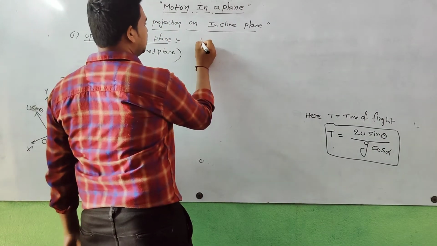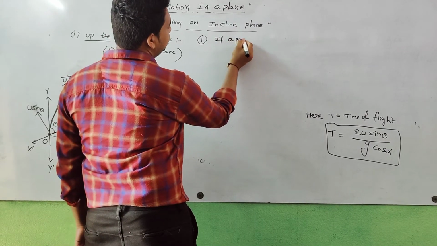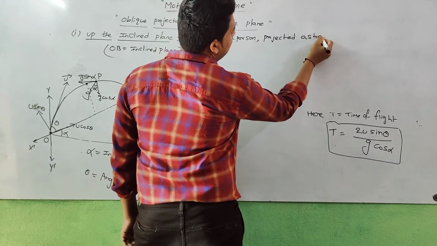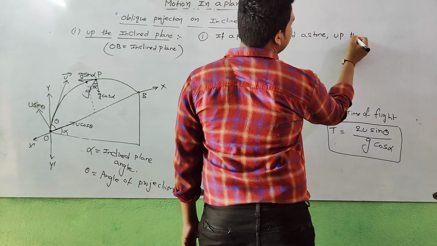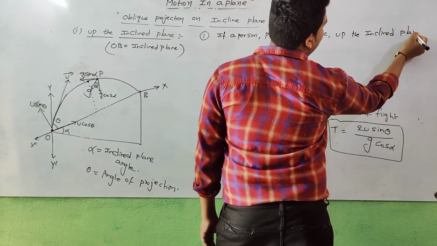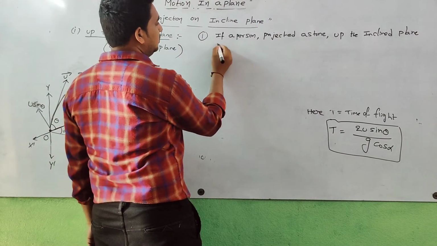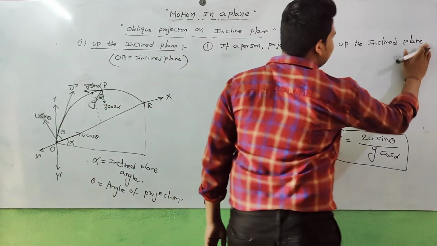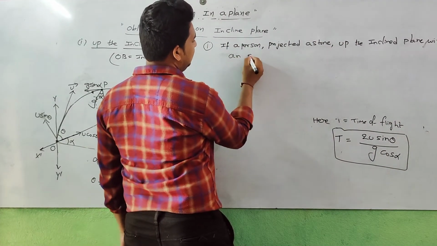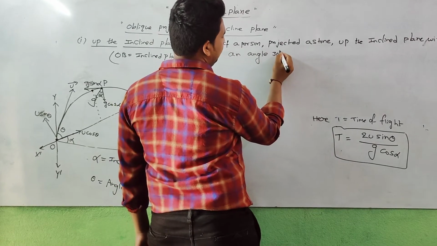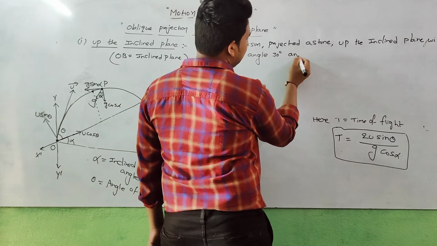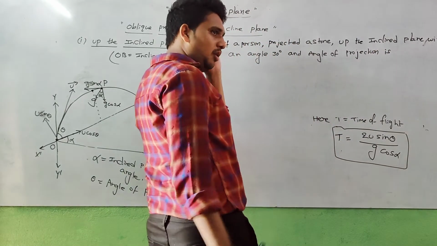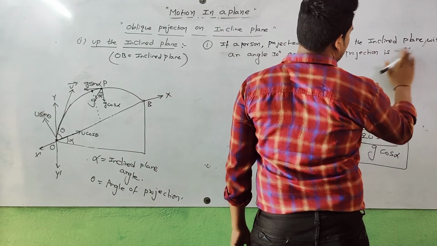If a person projected a stone on the inclined plane with an angle of 30 degrees, that is the inclined plane angle, and the angle of projection is 60 degrees.